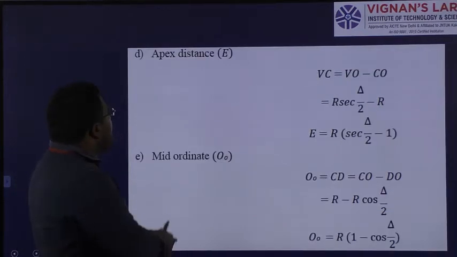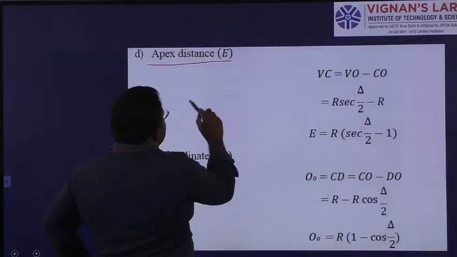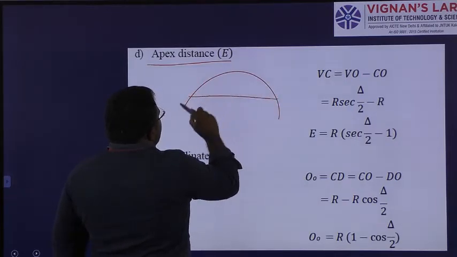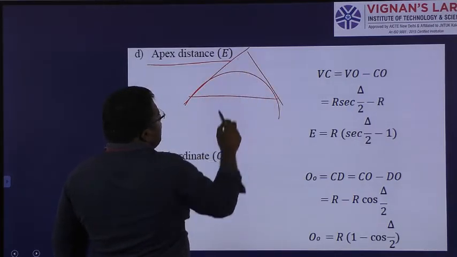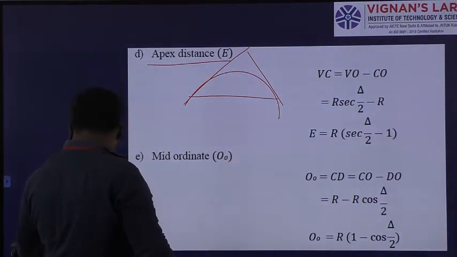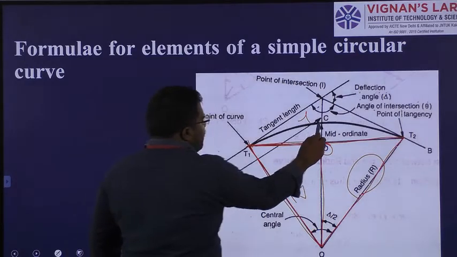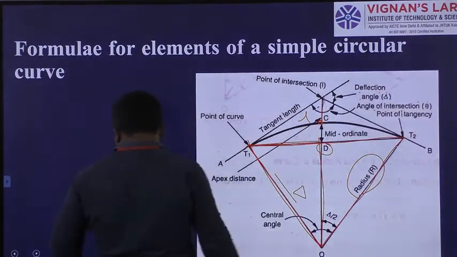Next, apex distance. Apex distance is, if this is the curve, the distance from the curve to the point of intersection.